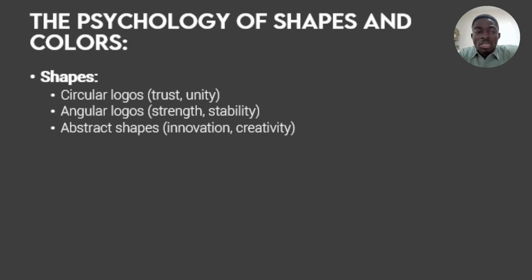Okay, for shapes, if you'd realize, most organizations would use circular logos, and it stands for unity, it stands for trust, because of the way the circle shape is. It's sort of depicting unity. That's how we designers term that.